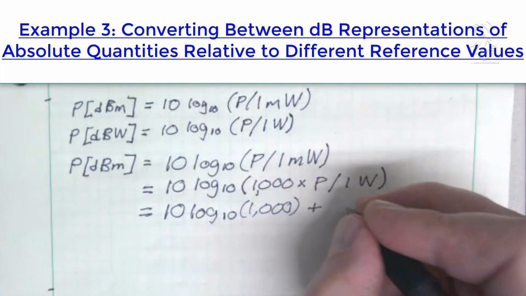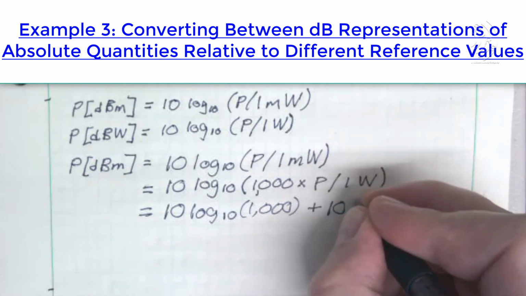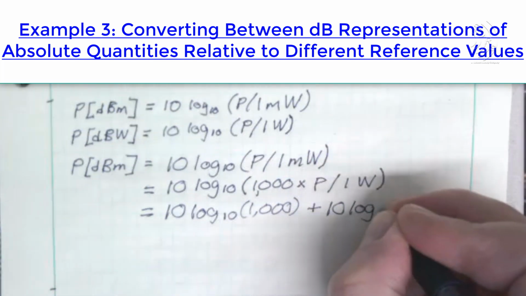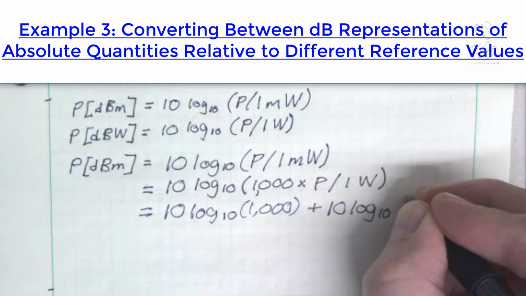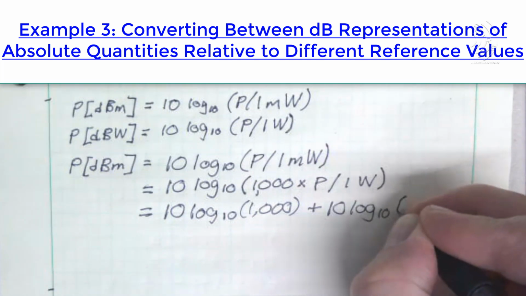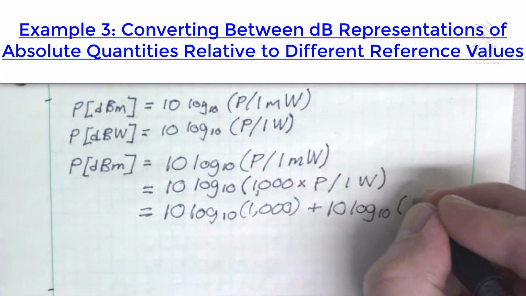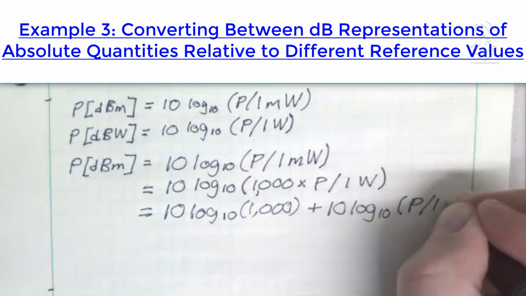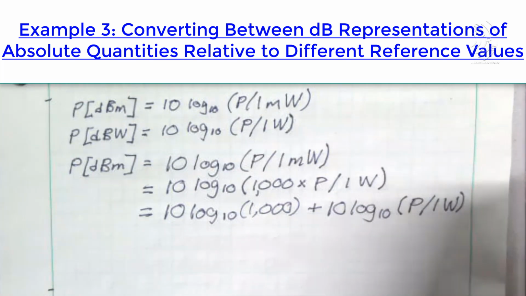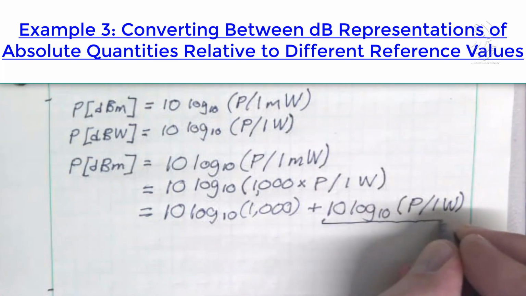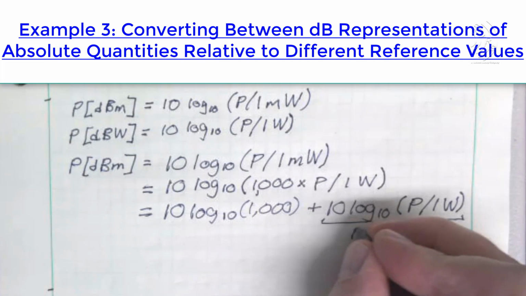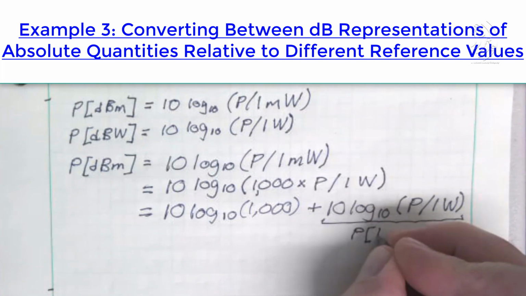So plus 10 log 10 of P over 1 watt. And this is P in dBW.